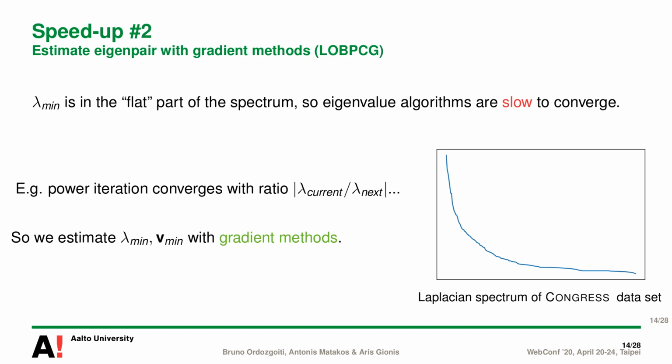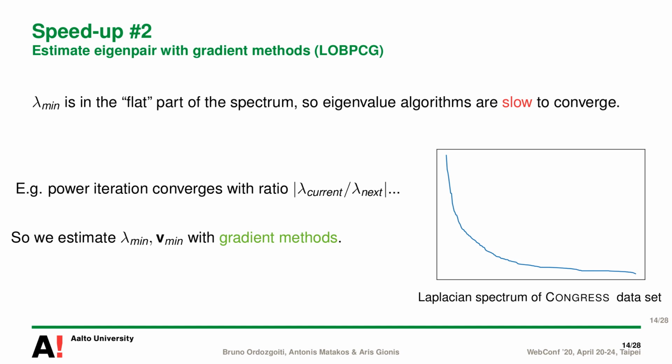The second speedup relies on using gradient methods to update the minimum eigenvalue and the corresponding eigenvector at each step of the algorithm. The problem is that the minimum eigenvalue is in the flat part of the spectrum, so to speak. On the right you can see a plot of the spectrum of the Congress dataset, and as you can see, the small eigenvalues are close to each other.